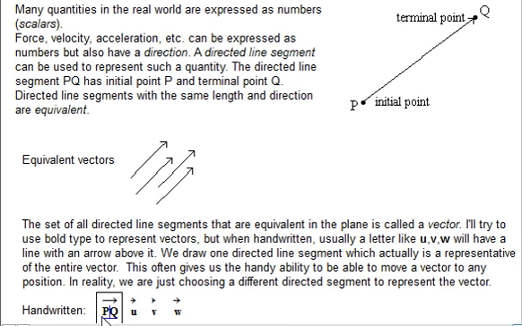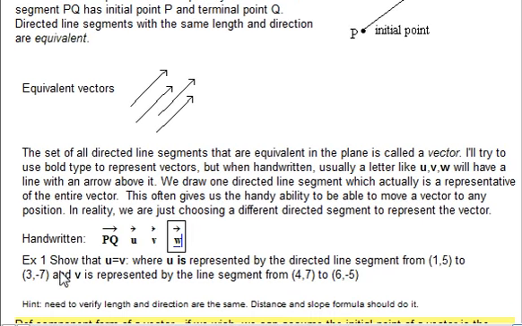So this would be the vector PQ, that's starting initial point P, ending point, terminal point Q, vector U, vector V, vector W. So we draw one directed line segment, which usually is a representative of the entire vector. In other words, this one represents the entire vector. Or maybe this one could be used to represent the entire vector, but the vector is actually all directed line segments of that length and direction in the plane. And that is handy for physical problems.